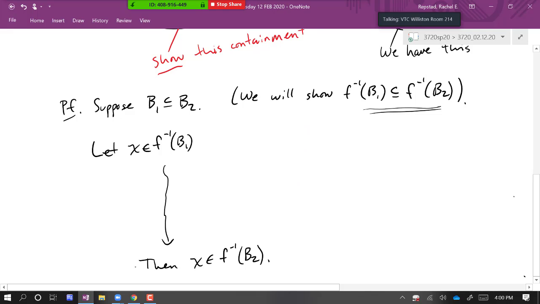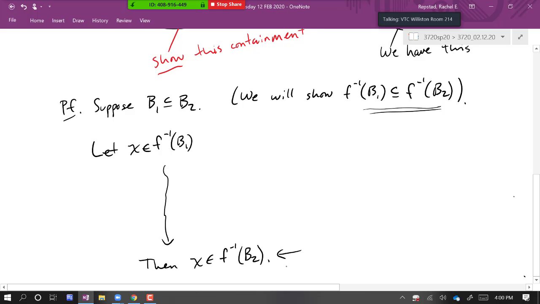So if x is in the preimage of B1, what does that allow us to say? That x would also be in the preimage of B2. Well, that's what we want to get to, but we can't say that yet.